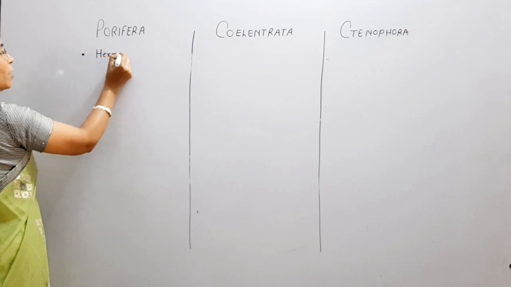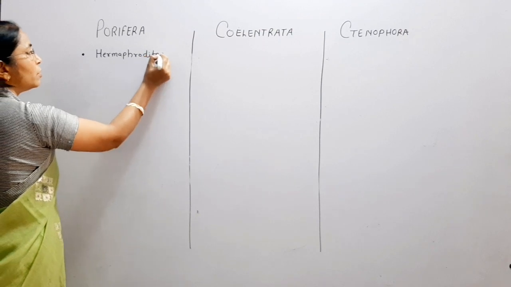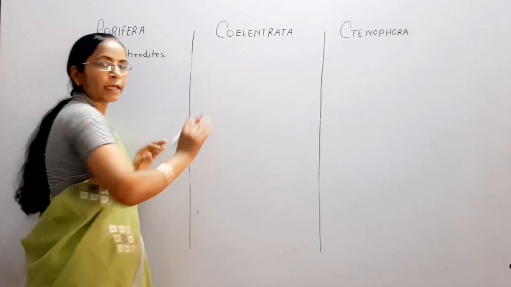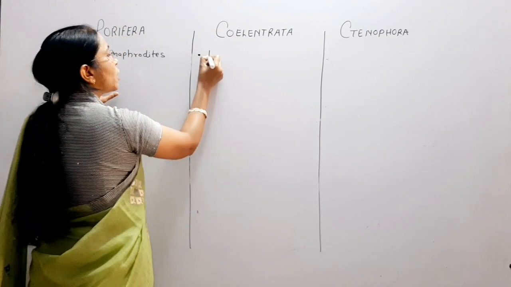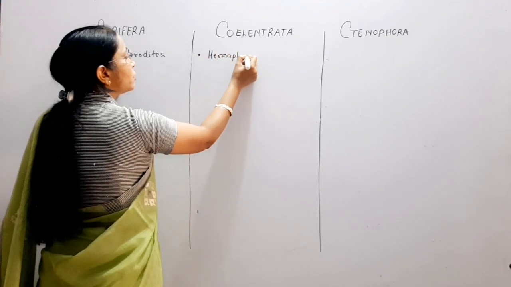Porifera are hermaphrodites. In Coelenterates, it is generally mentioned that the sexes are not separate. Sexes are not separate means the individuals are bisexual, so they are also hermaphrodite.